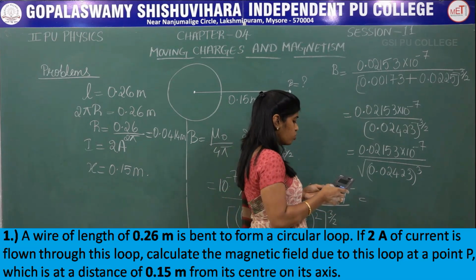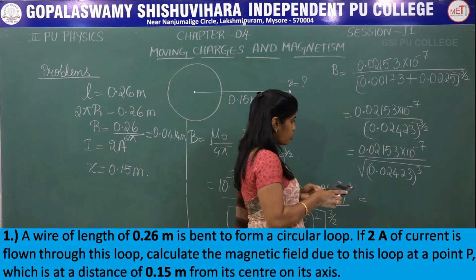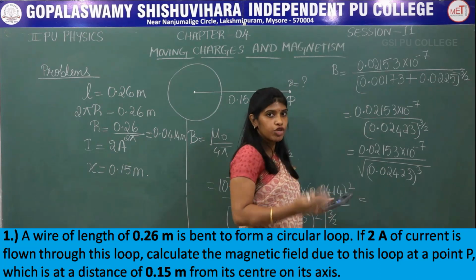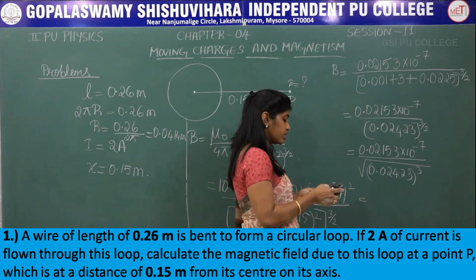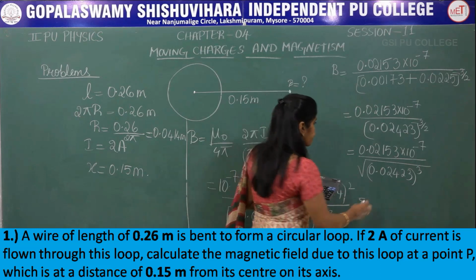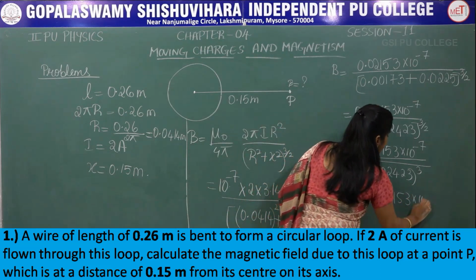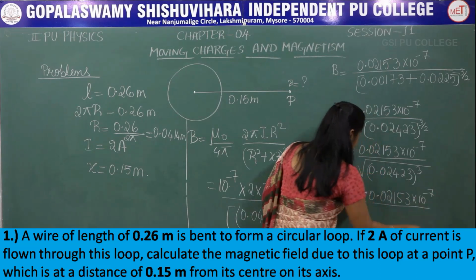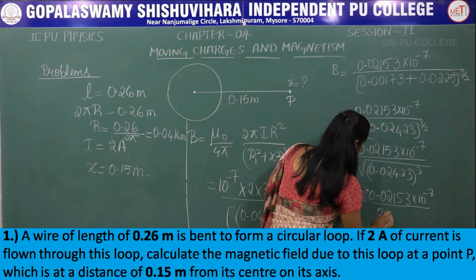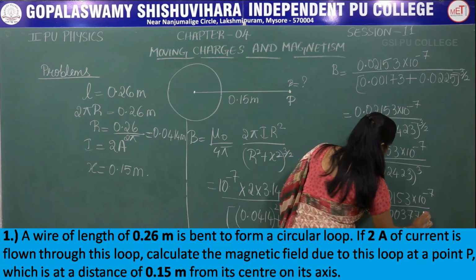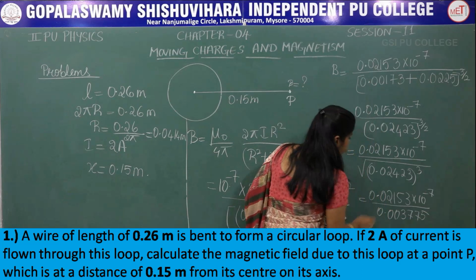So if I do so, what is the answer I am going to get? 0.02423 into 0.02423 into 0.02423. I have cubed this and I am going to remove the square root. I will get 0.02153 into 10 power minus 7, the numerator as it is, divided by 0.003775 is what I am going to get.